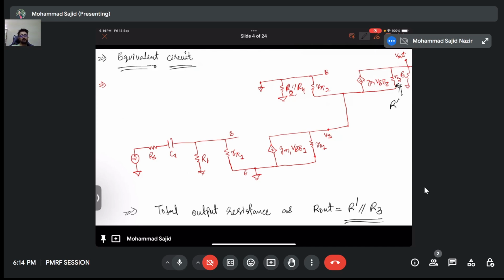So this will be the procedure. I hope you can do on your own as well. I suggest first you try to find yourself, stop the video, and then check how it can be solved. So this is the equivalent circuit.